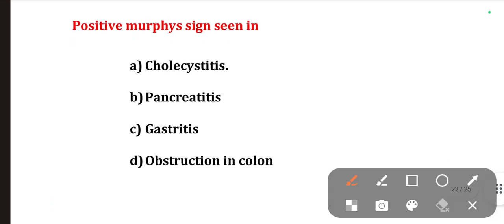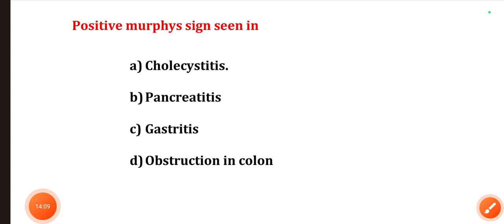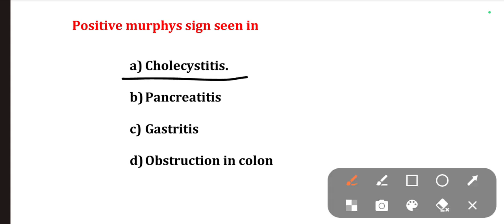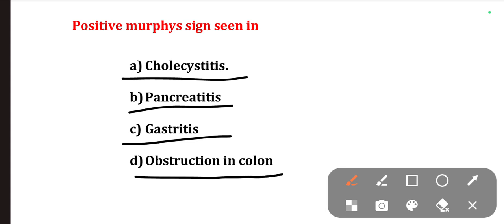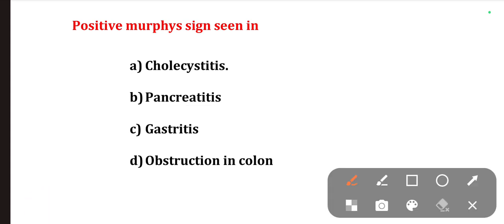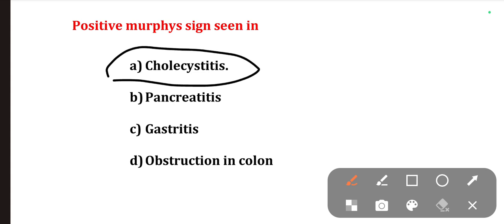And the next one is positive Murphy sign seen in. So in which condition can we see positive Murphy sign? Options are cholecystitis, pancreatitis, gastritis, obstruction in the colon. So the right one is cholecystitis. Cholecystitis is nothing but inflammation of the gallbladder.